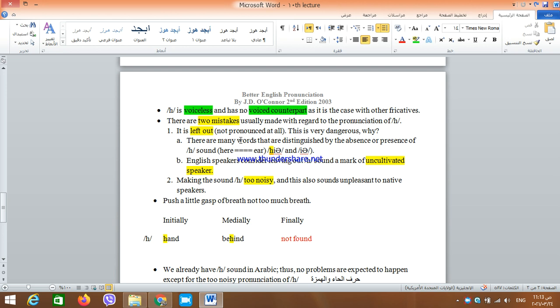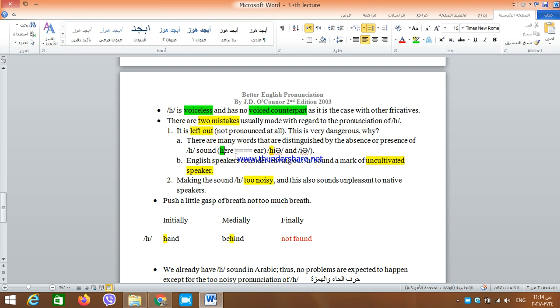Actually, there are two mistakes usually made with regard to the pronunciation of "ha". Sometimes it's left out, it's not pronounced, and this is dangerous. Why? Because there are many words that are distinguished by the absence or presence of the "ha" sound. Ear and here. If you pronounce the sound "ha" in here, we're going to understand that you mean here, huna.